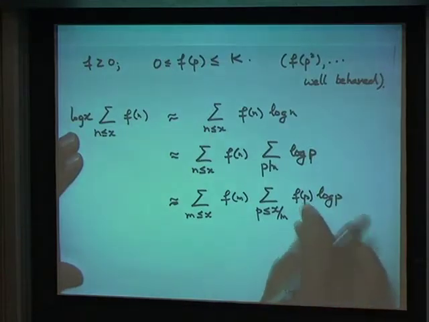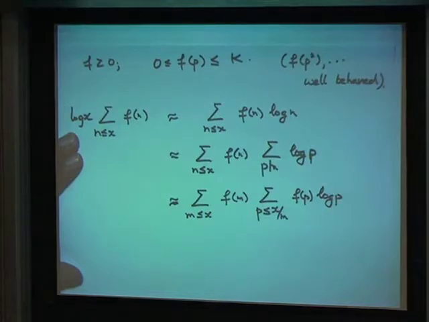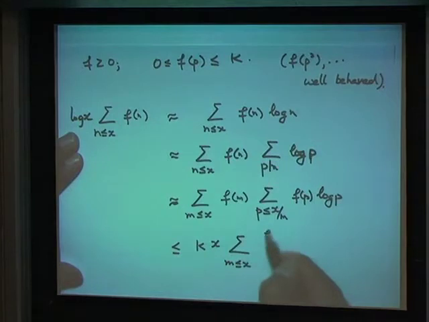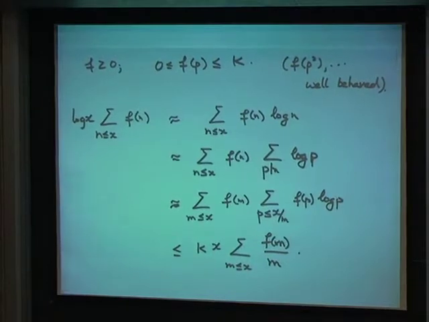Now, if f is bounded, then I can estimate the sum over p. That's just x over m. So this is bounded by whatever constant k I had times x times the sum of m up to x, f(m) over m. Okay. So this is a very simple, almost trivial argument, but it's actually quite a useful thing.